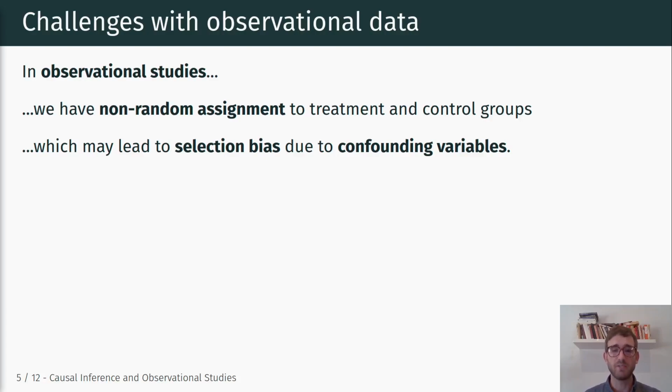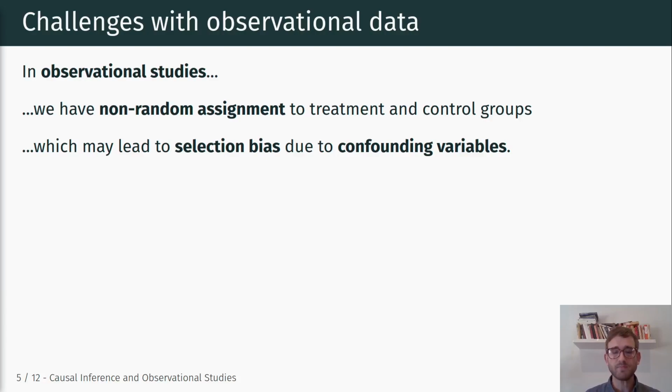We can't simply compare differences between the treatment group and the control group, because there are systematic differences between the two groups above and beyond the difference due to treatment assignment. In other words, with non-random assignment, the potential outcomes are not equally distributed across treatment and control anymore, and so ignorability doesn't hold.